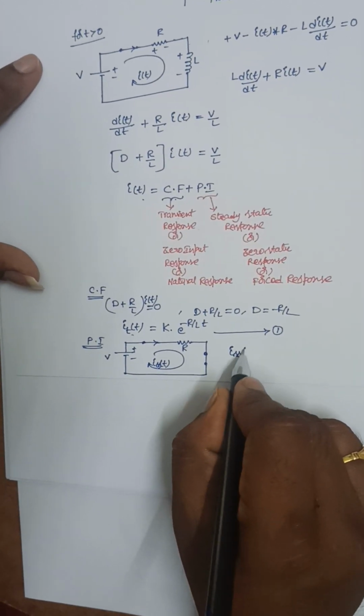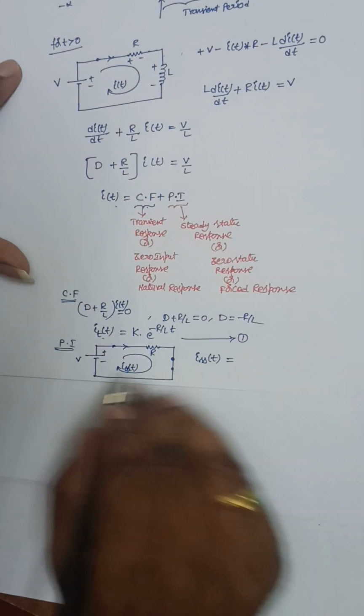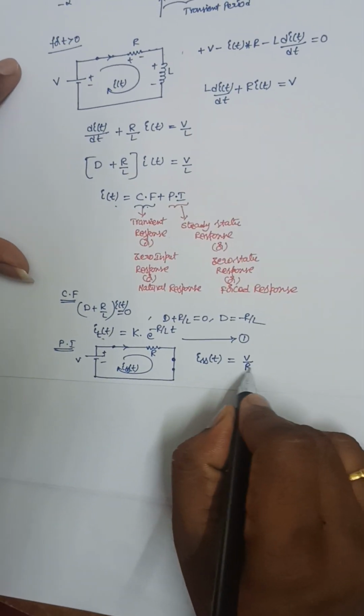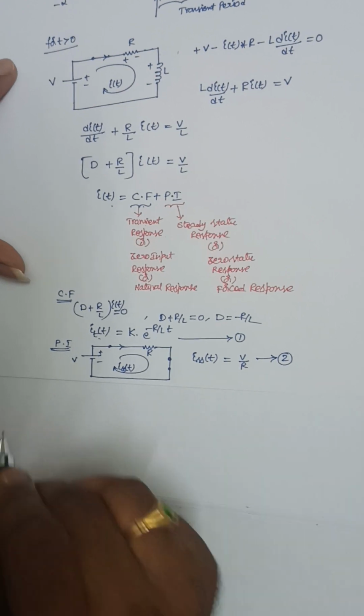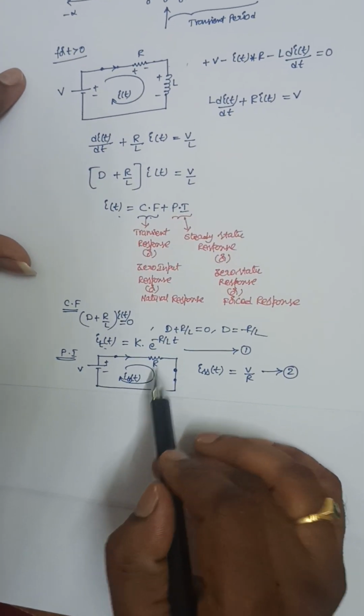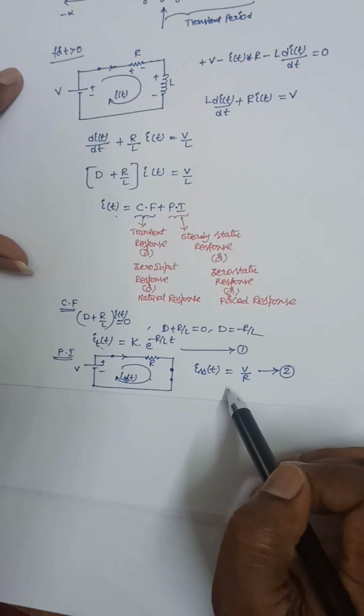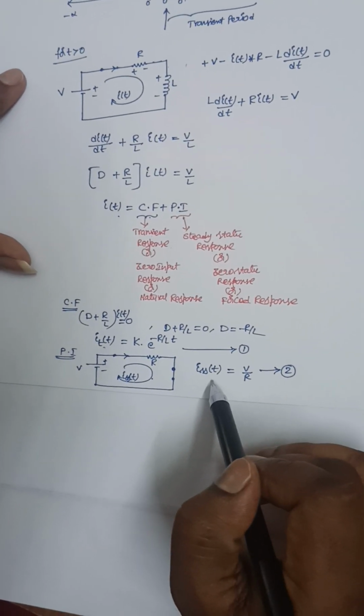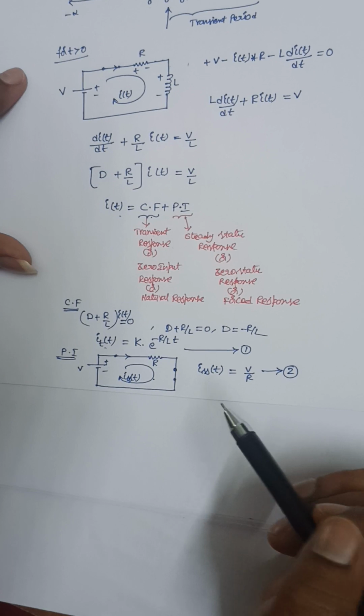So I_SS of t is equal to V by R. This is the second equation, and this particular integral gives the steady state response. So the final response is the steady state response.